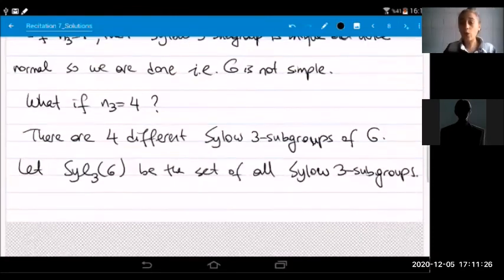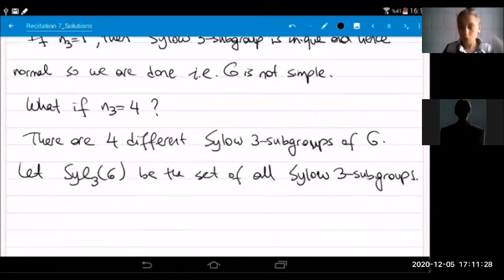Now, what we know about Sylow P subgroups for any prime P is that all Sylow P subgroups are conjugate, right? And if you consider this set, Sylow 3G, then this actually forms a nice set that we can define an action of G on by conjugation, since all Sylow P subgroups are conjugate.